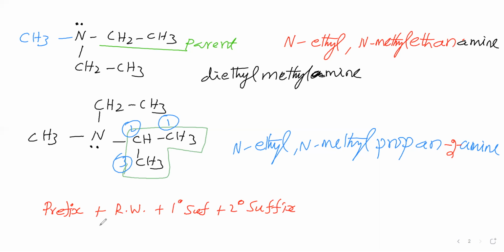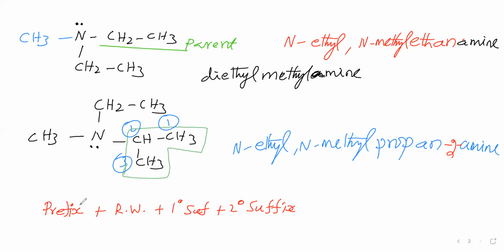The functional group which has the highest priority is treated as the main functional group. One which has lesser priority is treated as a substituent. So the one having higher priority you treat as the secondary suffix, the main functional group. The one with lesser priority you treat as a substituent, which you bring under prefix.